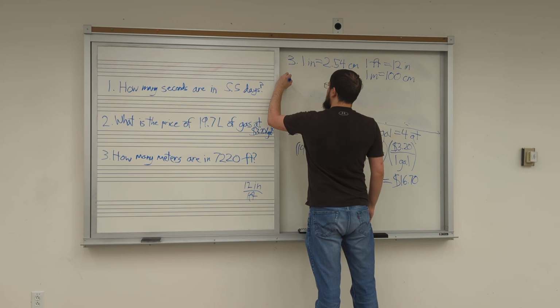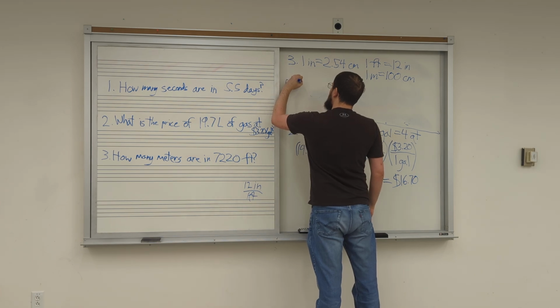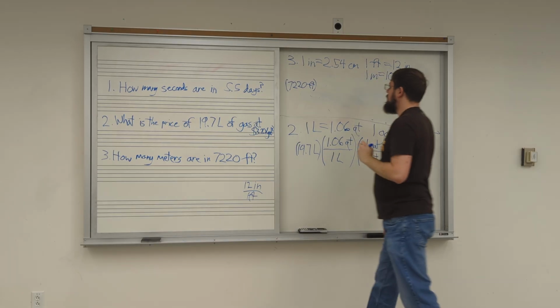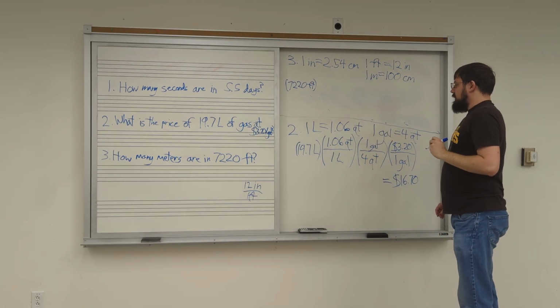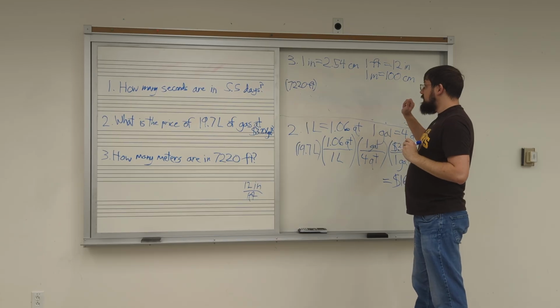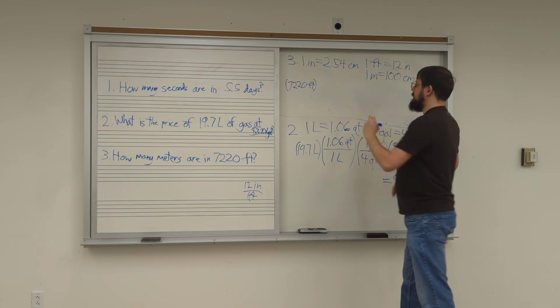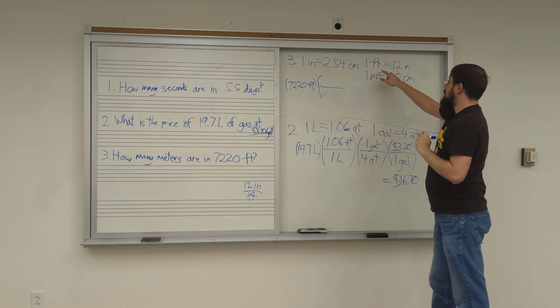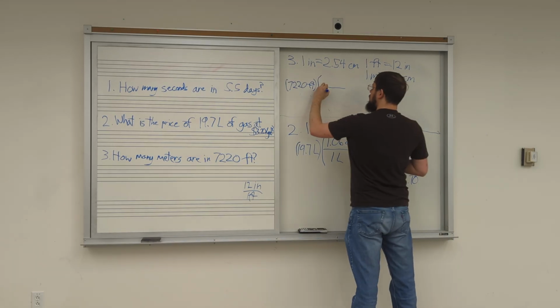Now, at this point, we're ready to go ahead and start doing our actual conversions here. So we are starting with 7220 feet. The first step here is we want to go from feet to inches. So we have here that 1 foot is 12 inches.